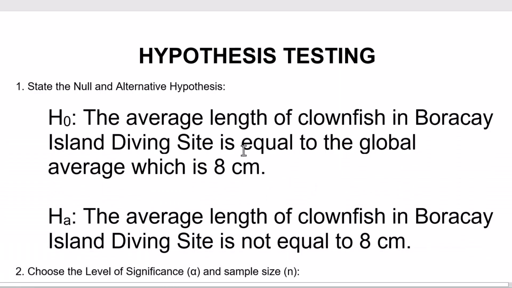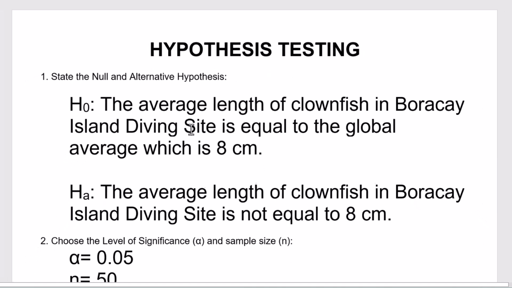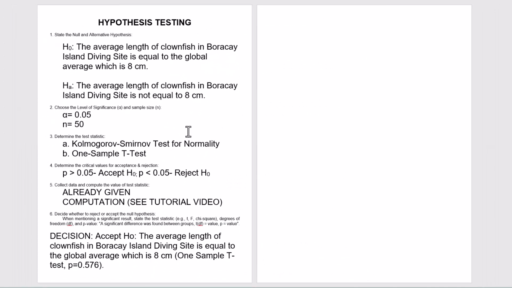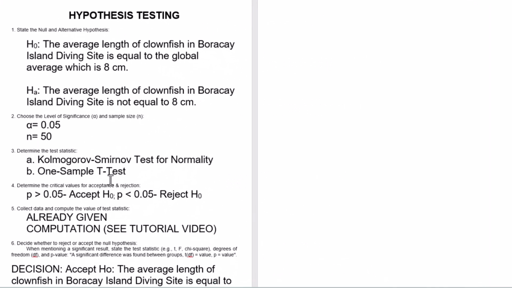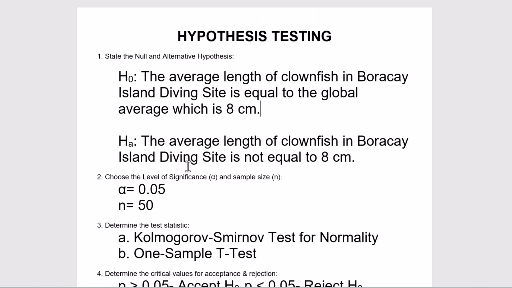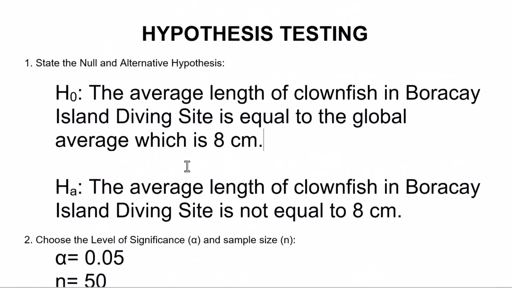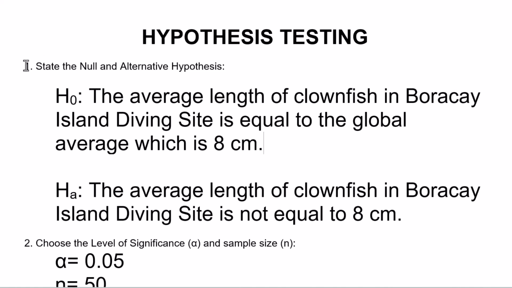And by the way, we have to perform each step in the hypothesis testing para masanay na kayo. So I have here a template that you can also download from our group page. So there's a link there to my Google Drive. Okay. Now, step 1 here, you state the null and alternative hypothesis.